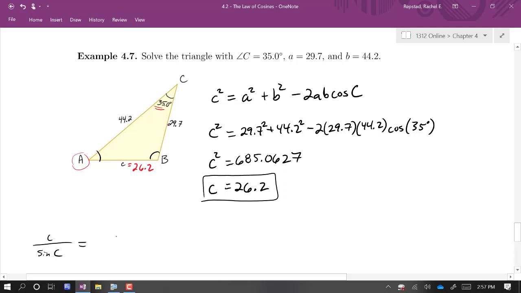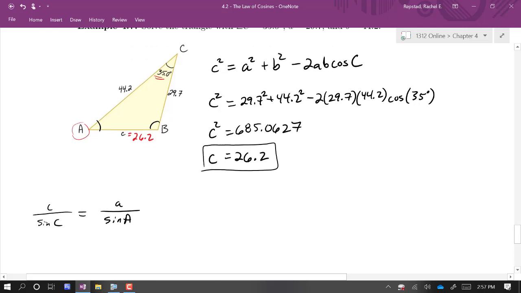So c over sine C is equal to a over sine A. And we can do the algebra here. Cross multiply: c times sine of A is equal to a times sine of C, and that means that sine of A is equal to a times sine of C divided by little c.